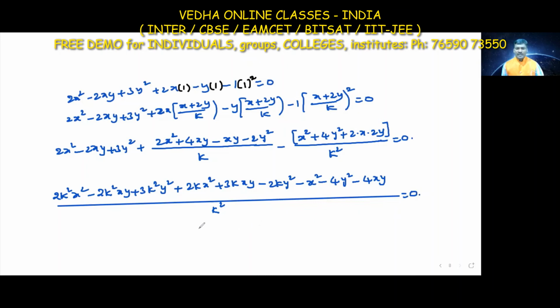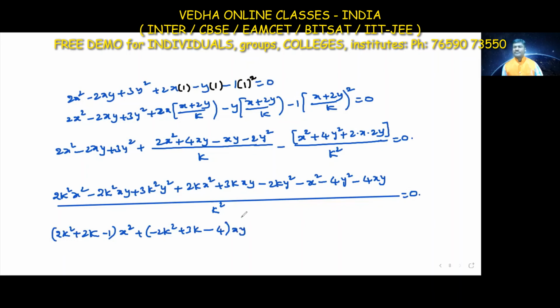Now I am taking x square common. Taking x square common, we have 2k square x square here, one more x square term 2k, and one more x square term minus 1. Now take xy common: minus 2k square xy, one more xy term 3k, and one more xy term minus 4.